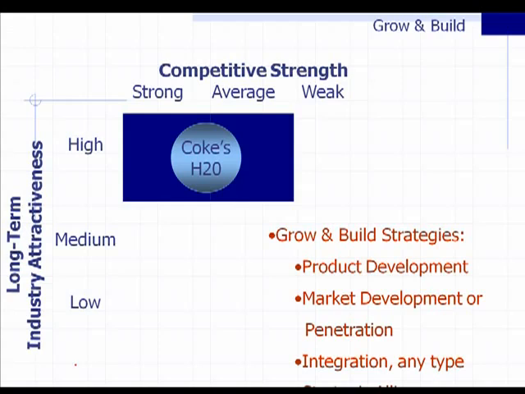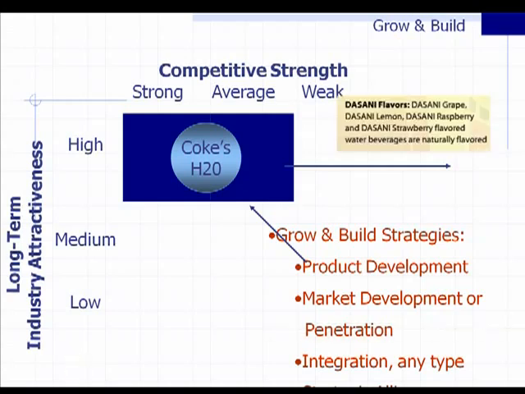What is Coke going to do, or maybe for the present context, what has Coke done in the past? And probably what Coke has done in the past with traditional Dasani water is, first and foremost, it's diversified or product developed into a number of different flavors.